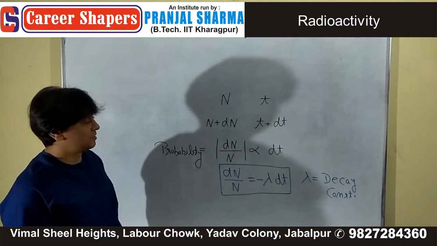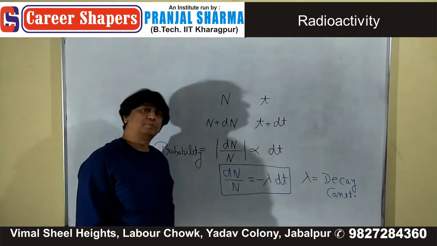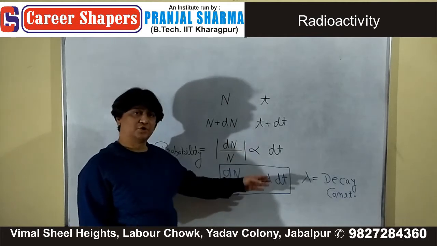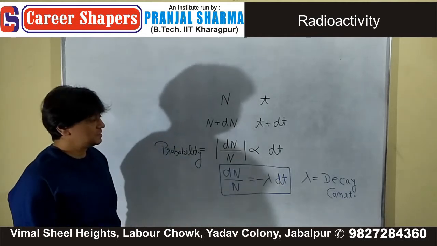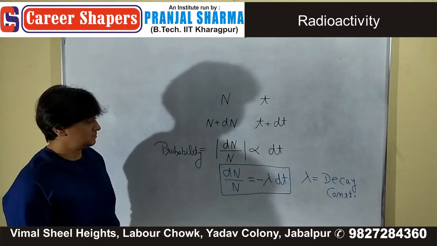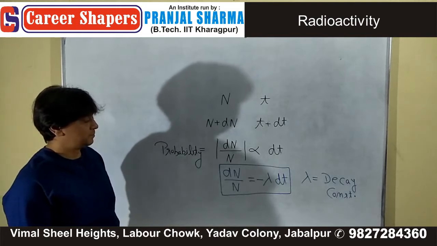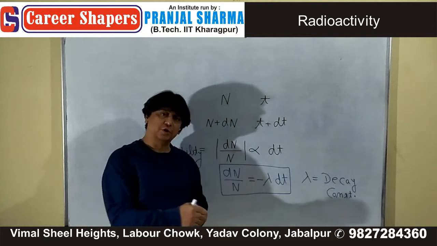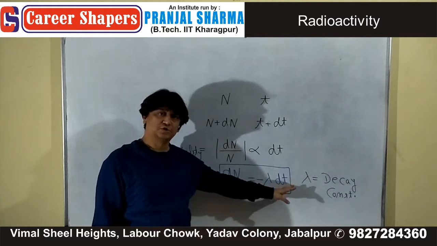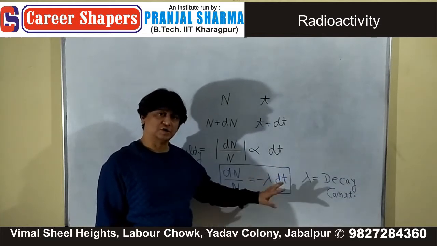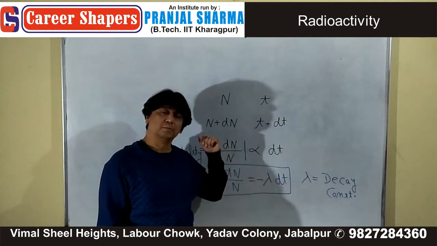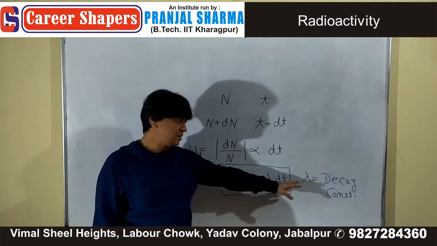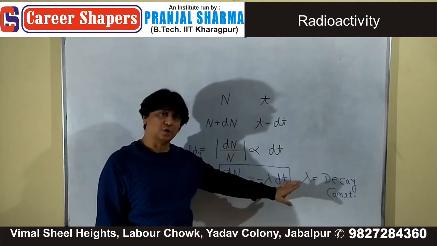even if temperature or pressure is changed. If you increase or decrease pressure, this lambda will not change. It will remain constant. Even if you put this material in a very high temperature zone, your lambda remains constant.